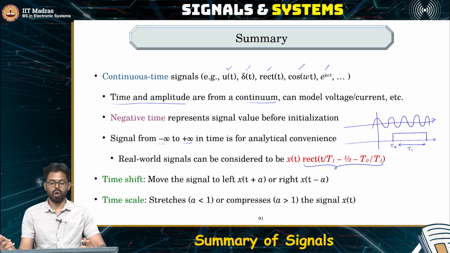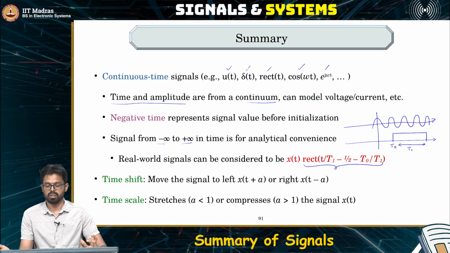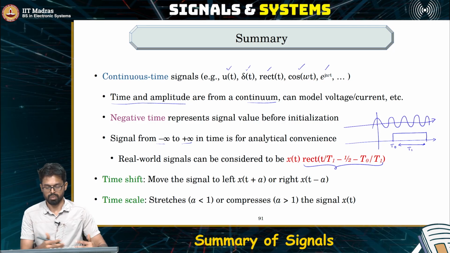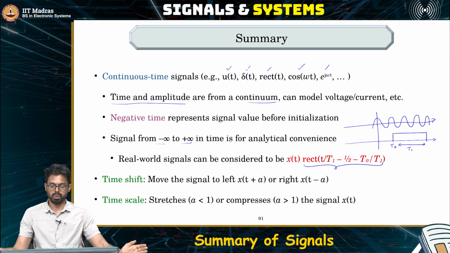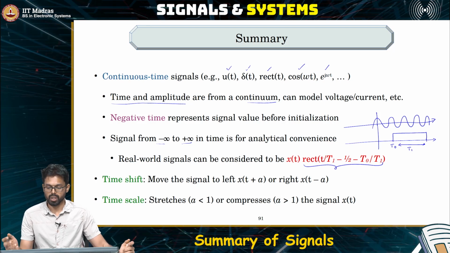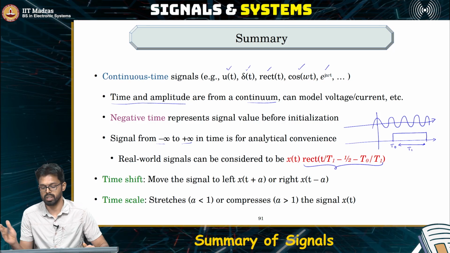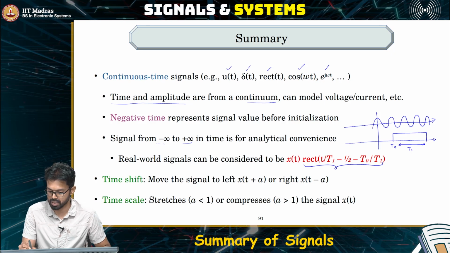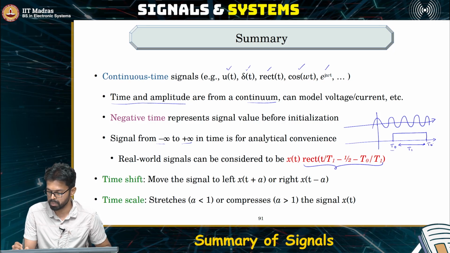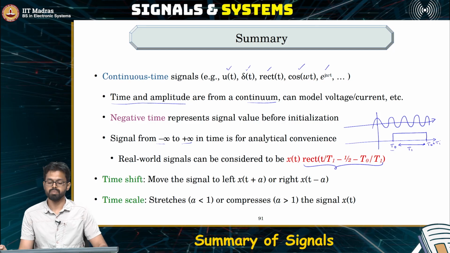So when I say a cos omega t signal is the source, of course the source cannot exist from minus infinity to plus infinity in real life, right? So it exists only for some time duration. Let us say it existed from t0 to t0 plus t1.